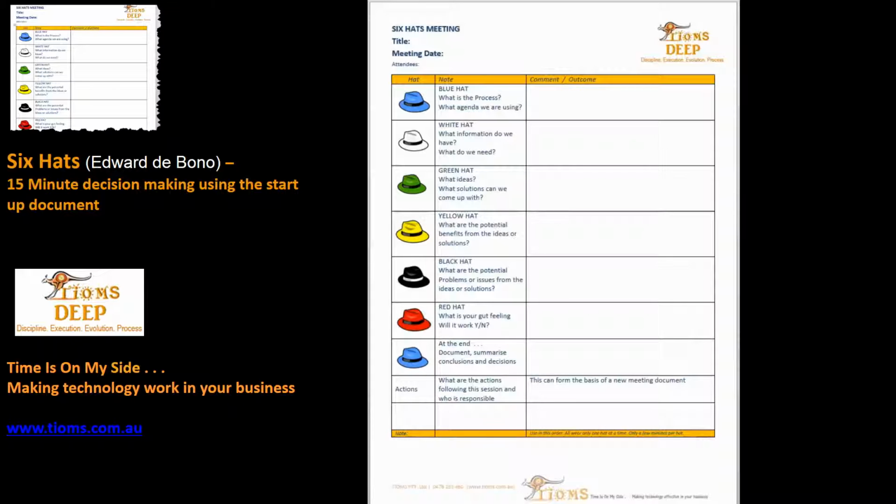Then the red hat, which is really my favourite one and can often save an awful lot of time, which is the gut feeling hat. So given everything we've discussed, do we think this will work? Now really, if there's 10 people in the session and 9 of them think it won't work, there's a fair chance that it won't work.